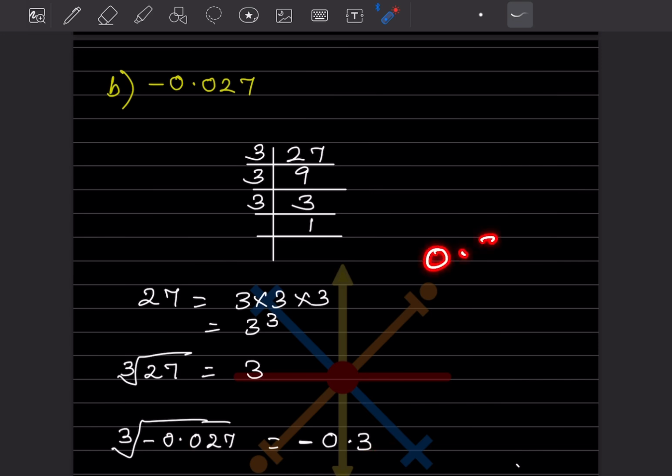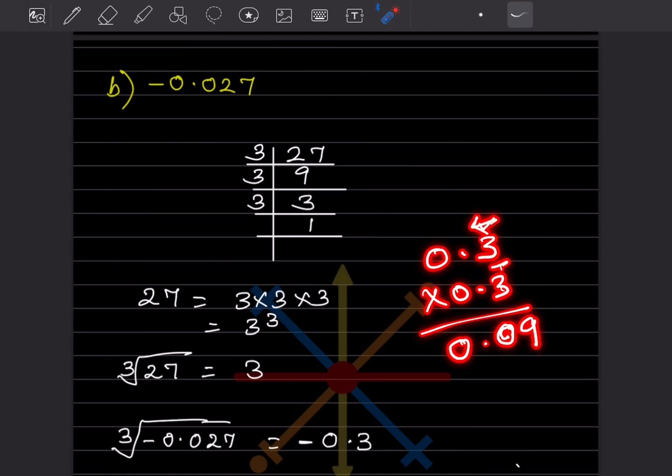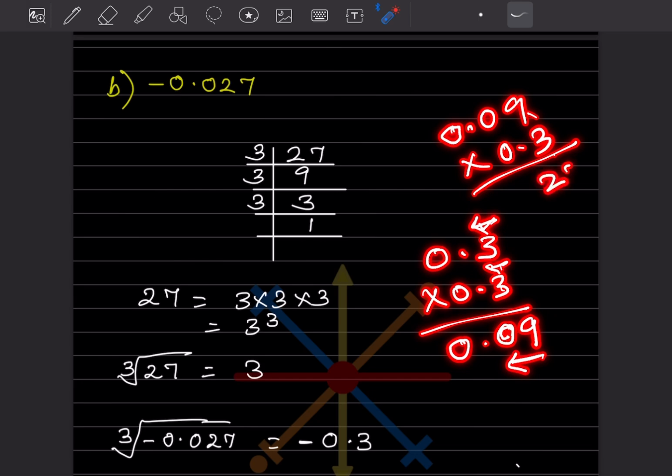And you can just check it. 0.3 into 0.3, that is going to be 0.09, because this will be 1 and this will be 2, so there will be 2 decimal places, 0.09. Again, what will you do? 0.09 multiplied by 0.3. First 9 threes are 27. And how many decimals do we have? That is going to be 2 and this is going to be 1, so 3 in total.